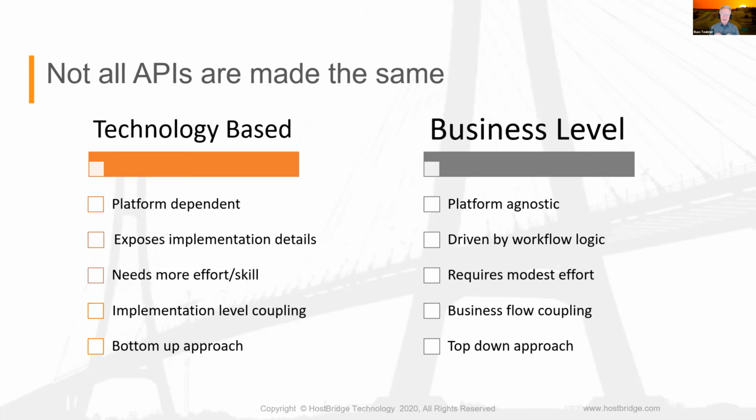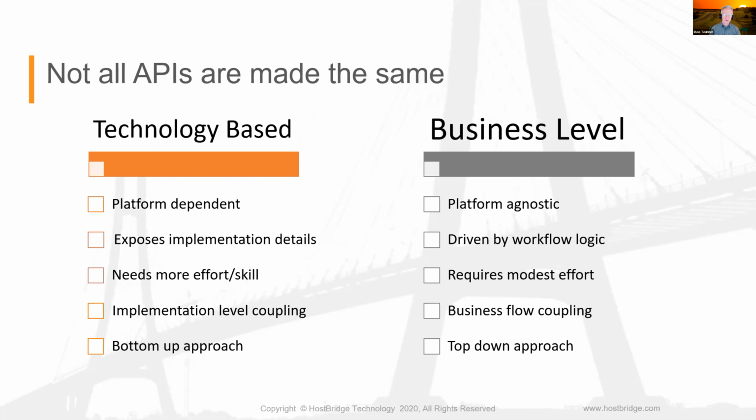In other words, let's imagine we have a COBOL program, just a single COBOL program, and we expose that across an API, and that API somehow reflects the data layout of a COMMAREA. Well, that's clearly a technology-based API because it has exposed implementation details about a given function.